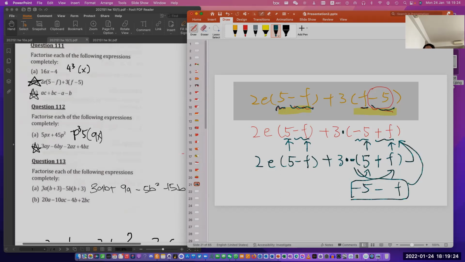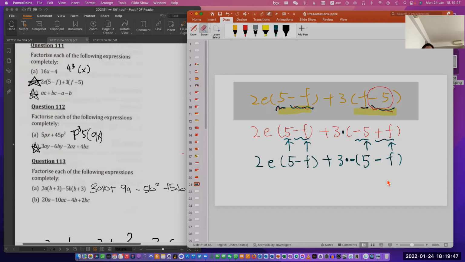Is this the original? No. The original is not minus 5 minus f. The original is minus 5 plus f. So if you put a plus here, you know that you're wrong. It has to be minus.